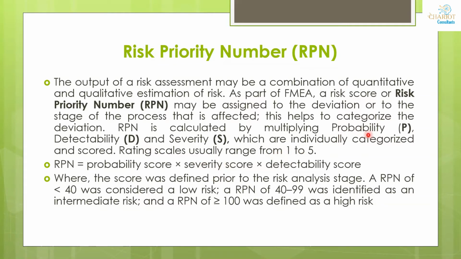First of all, the probability, second is your detectability, and the third is severity. So the RPN is the multiplication of the probability score, the severity score, and your detectability score.